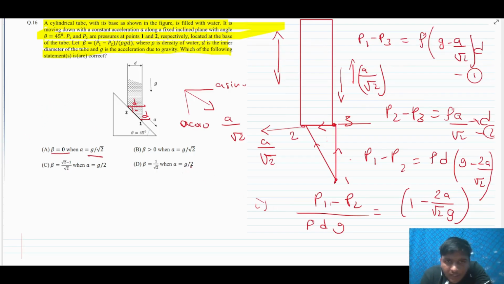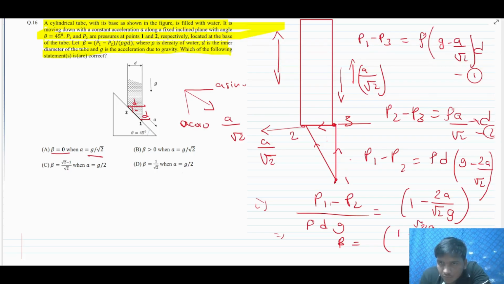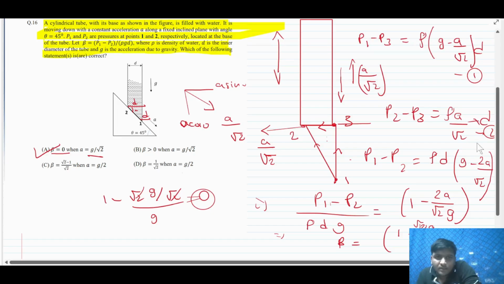So beta will be equal to 1 minus 2a by root 2 g, when a equals g by root 2. Let's put a equal to g by root 2. So 1 minus root 2 times g by root 2 divided by g. We can see that it is equal to 0, hence option A is correct.